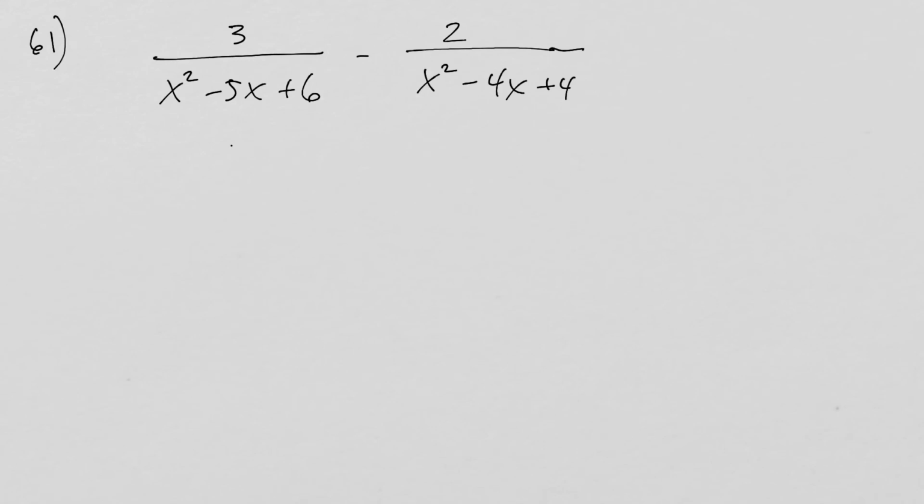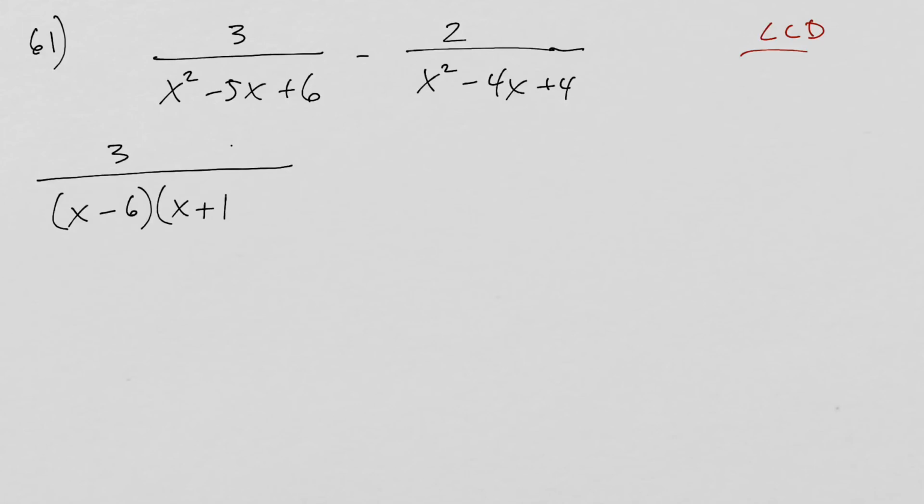Okay, before I can figure out my LCD, I'm going to need to factor both denominators. So this first one factors as x minus 6, x plus 1. And notice I'm leaving myself some space. On this next one, I have 2 over, and this is going to be x minus 2 squared, x minus 2 times x minus 2.